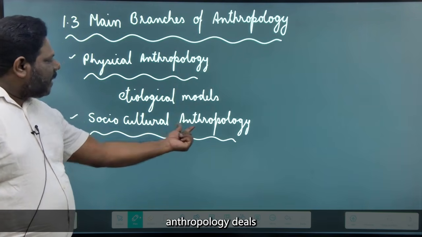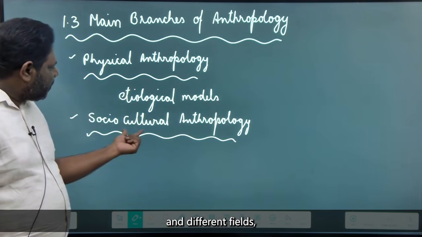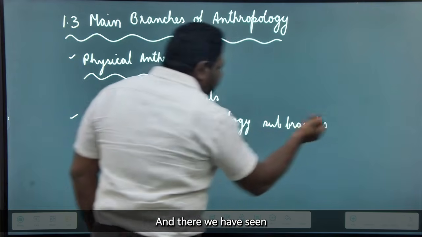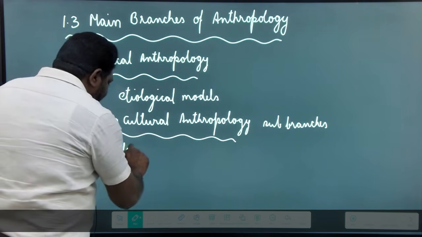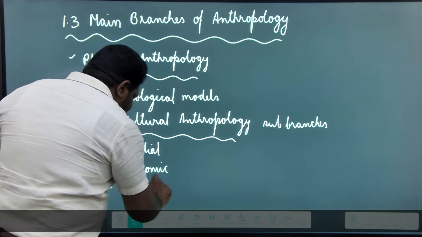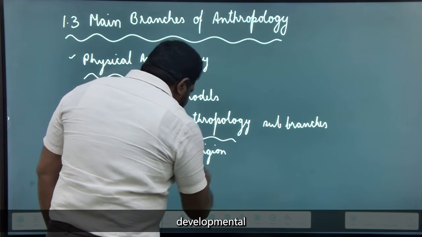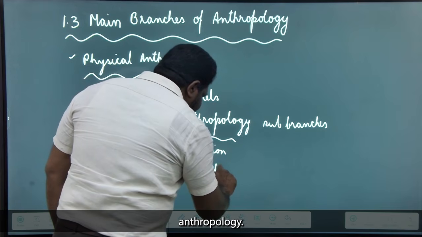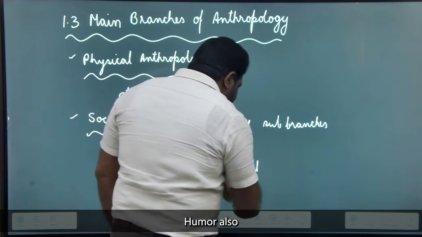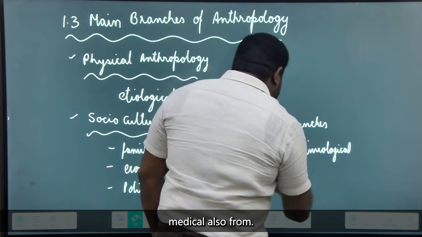So socio-cultural anthropology deals with the study of society and culture across time and space, and different sub-branches come under it. Earlier we have seen, what are they? Familial, economic, political, anthropology of religion, developmental anthropology. Here we have also written ecological, we have also written epidemiological, and you can also write medical if you want.